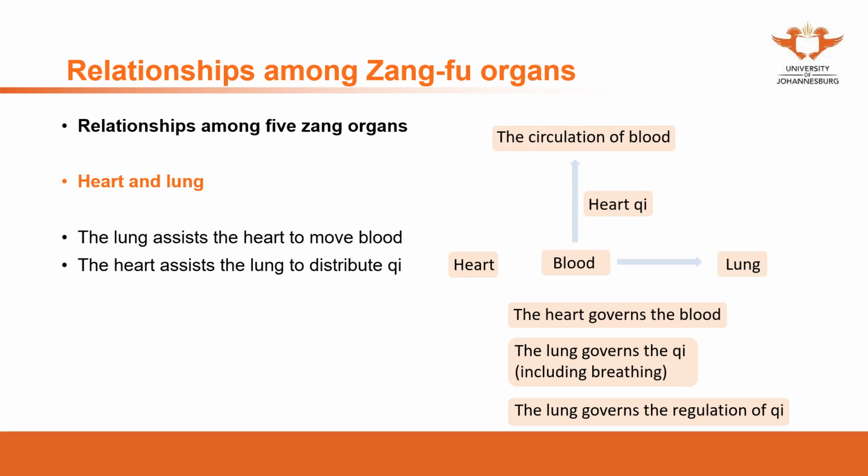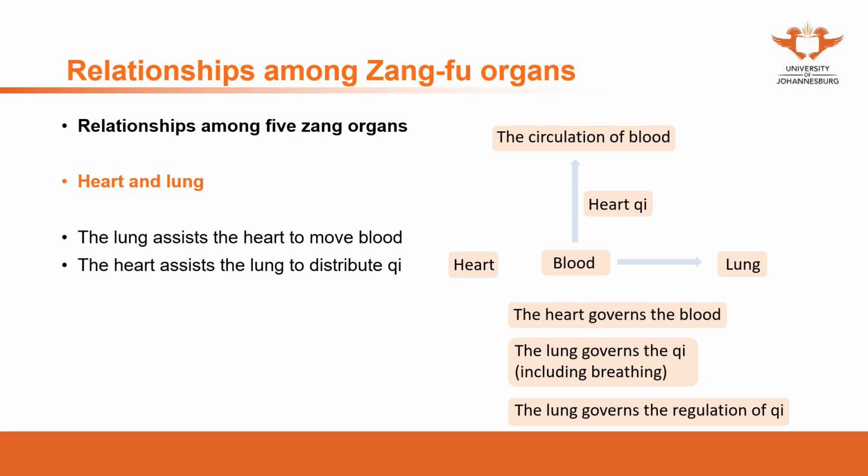We should still remember, where does the blood come from? The middle jiao receives qi and then transfers it to the heart. The heart transforms the qi into red color. Then this red substance we call blood, right? So that's the formation of the blood, also from the qi.